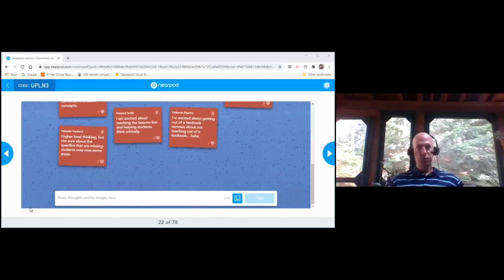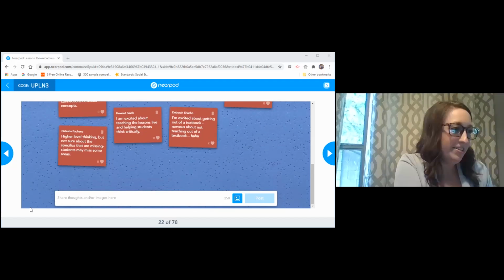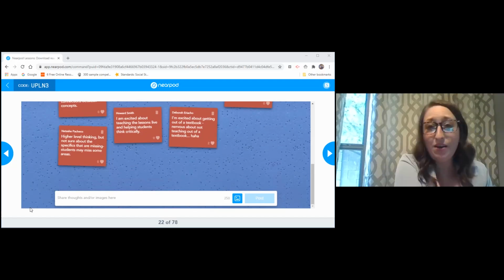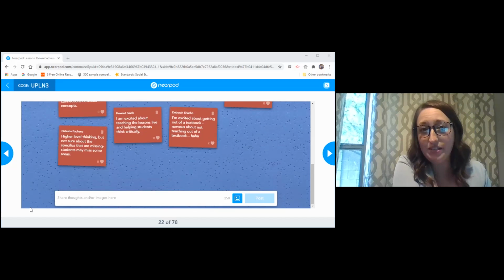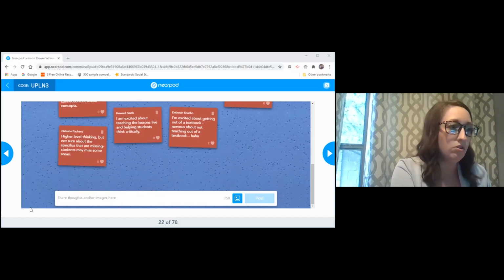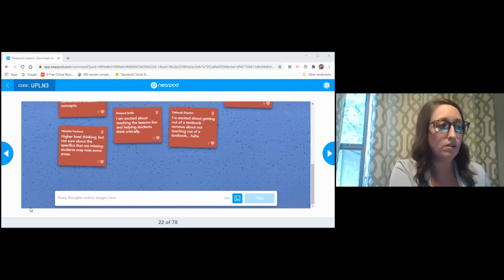Anybody else? Any other things you're excited or nervous about? Yeah, I see more info about how to include inquiry, which is definitely something that we're going to spend most of our time today talking about, because it's super essential to you being able to implement these standards.